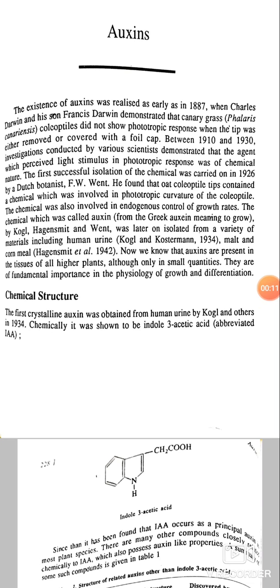Auxin is a plant hormone which promotes growth in plants. So basically, it's a growth promoting hormone in plants.